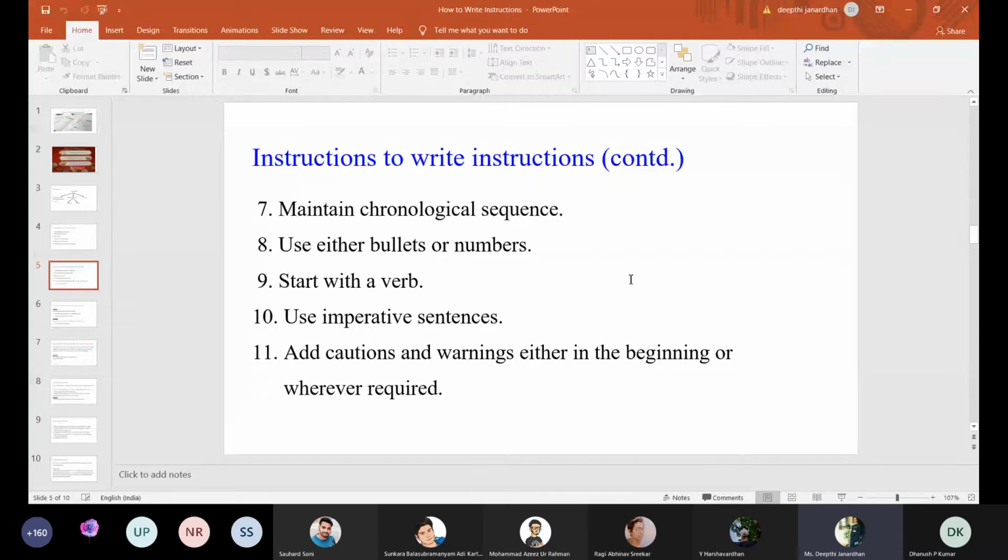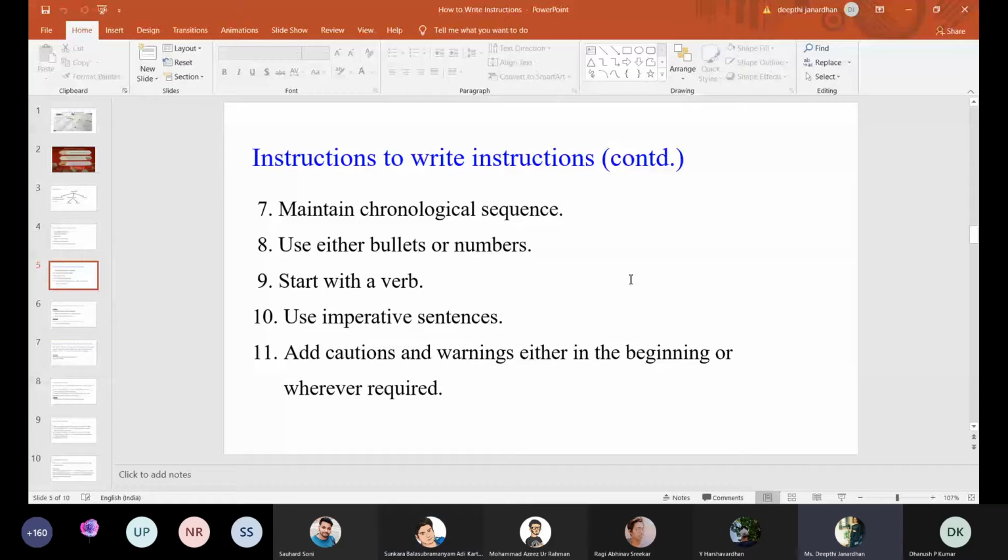Use either bullets or numbering, but I would prefer numbering, children. Bullets when you are typing it out, but when you're writing, bullets are difficult. You have to keep designing one after the other, which I do not want. So Ma'am, we can use arrow marks? No, ma'am.